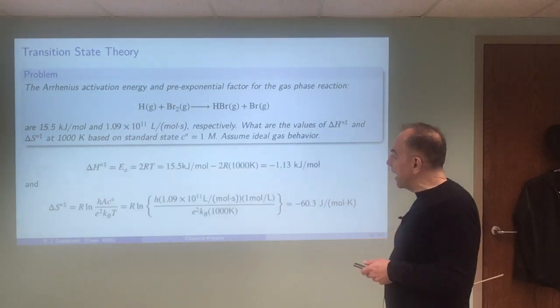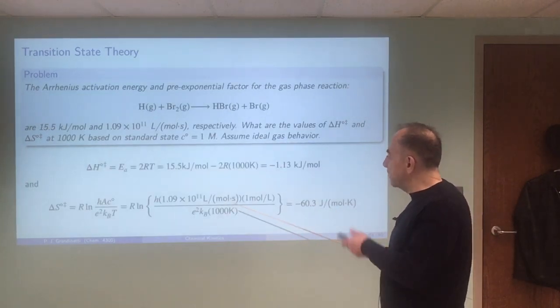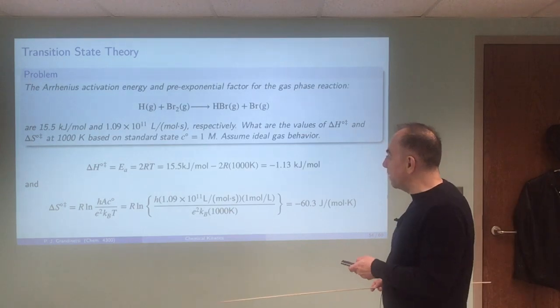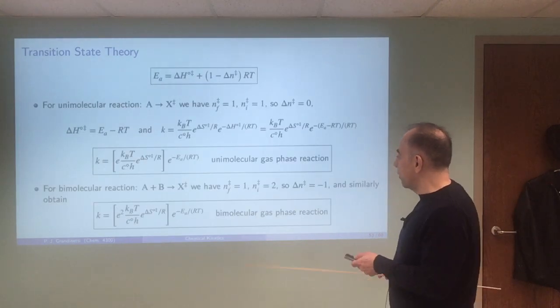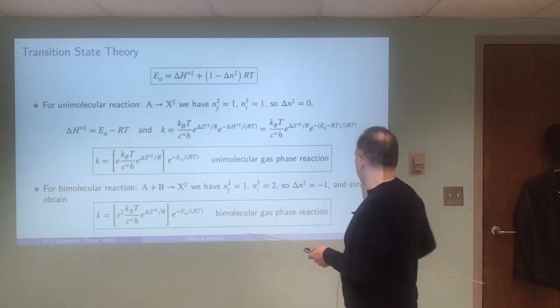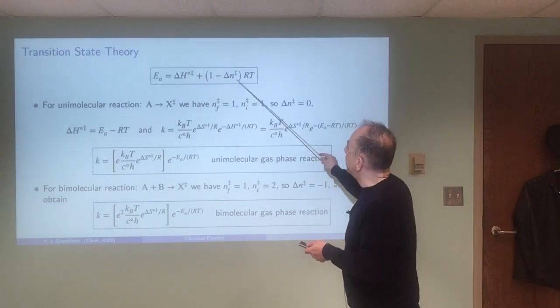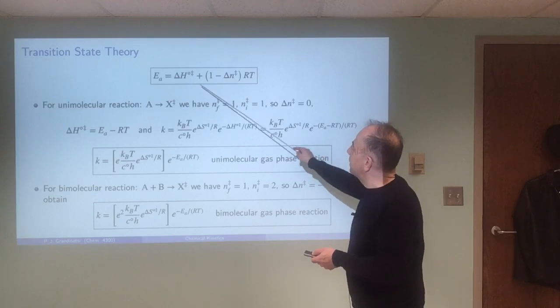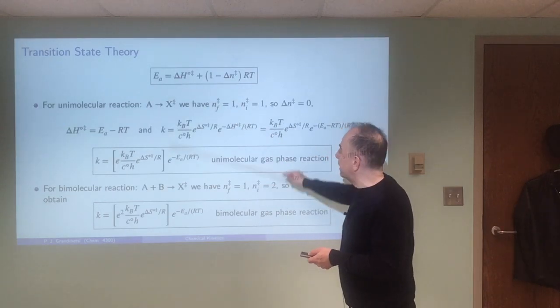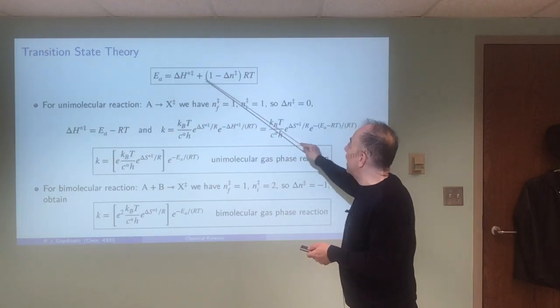So we're going to assume ideal gas behavior. So using the equations that we just worked out, let's go back here real quick. So for delta H, when you put in a -1 here, you got 1 minus -1. So the delta H for bimolecular, which I didn't write down, is delta H.